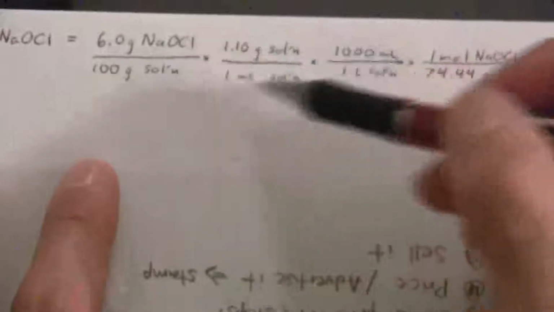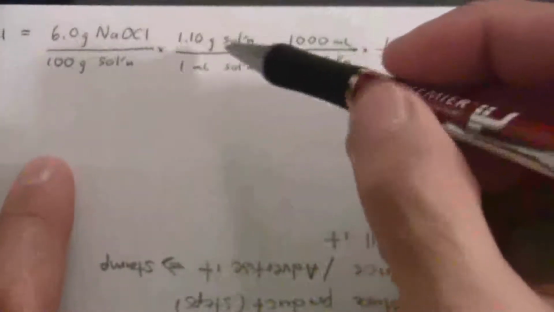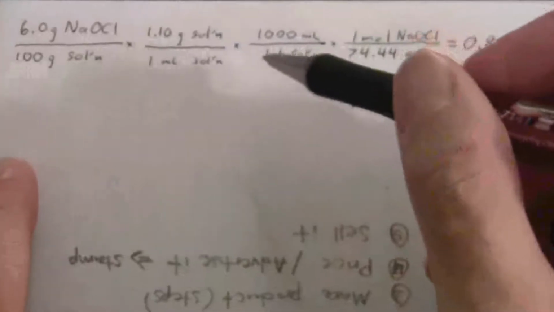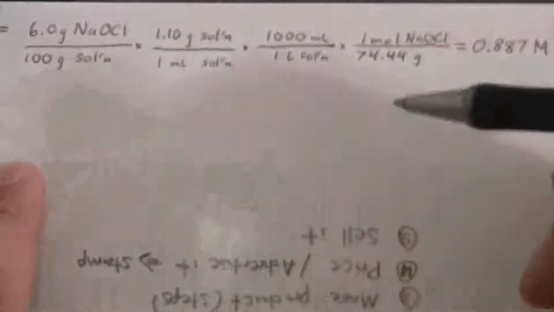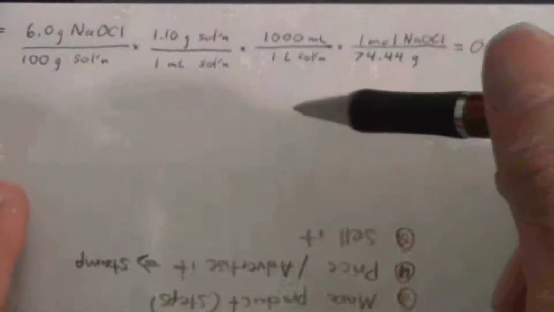It's just 6 grams per 100, that's what the percent means: 6 grams of the sodium hypochlorite per 100 grams of solution. We do need the density of the bleach, which I looked up online, and it's about 1.10 grams of the 6% solution per milliliter. Of course you could measure that if you had a balance handy.